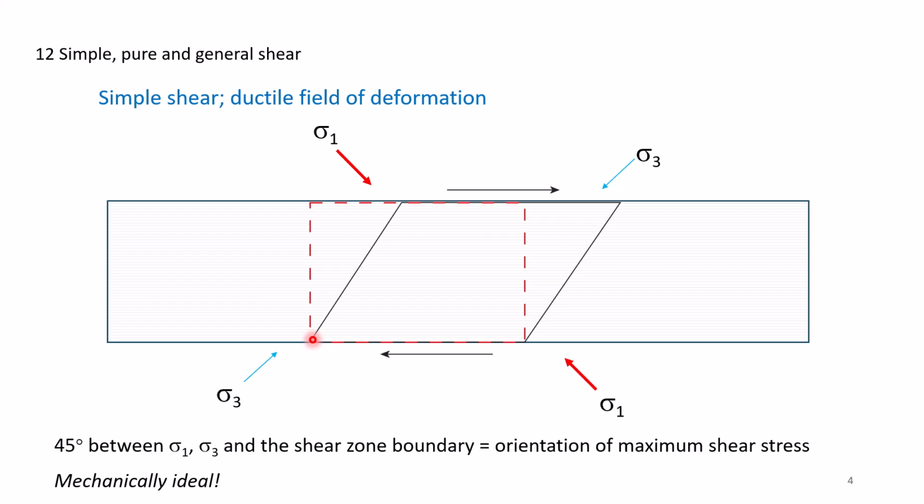Progressive deformation would shear a reference rectangle, outlined here in a red dashed line, into a rhombic shape with a top to the right kinematic movement. This is the mechanically ideal configuration. This is how ductile shear zones would form in a mechanically isotropic rock, for instance in an unfoliated, unlayered plutonic rock that is hot enough to allow ductile flow.